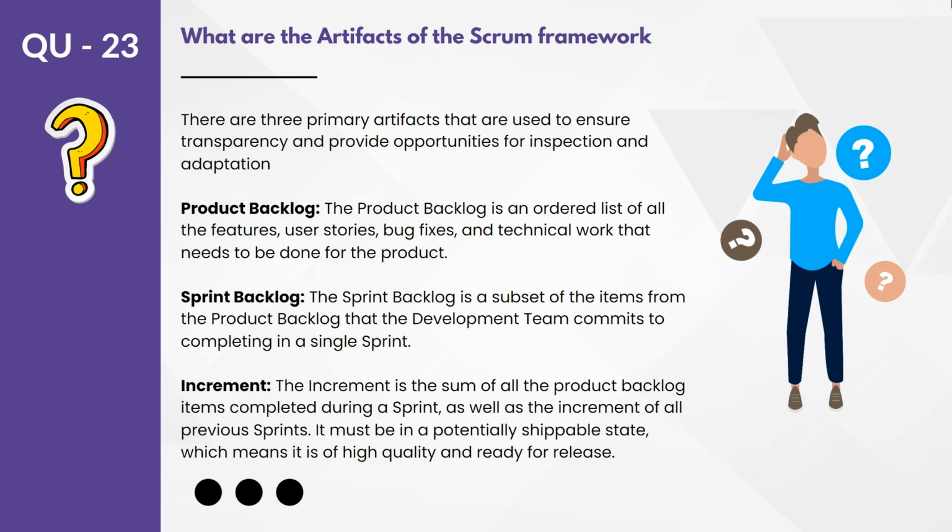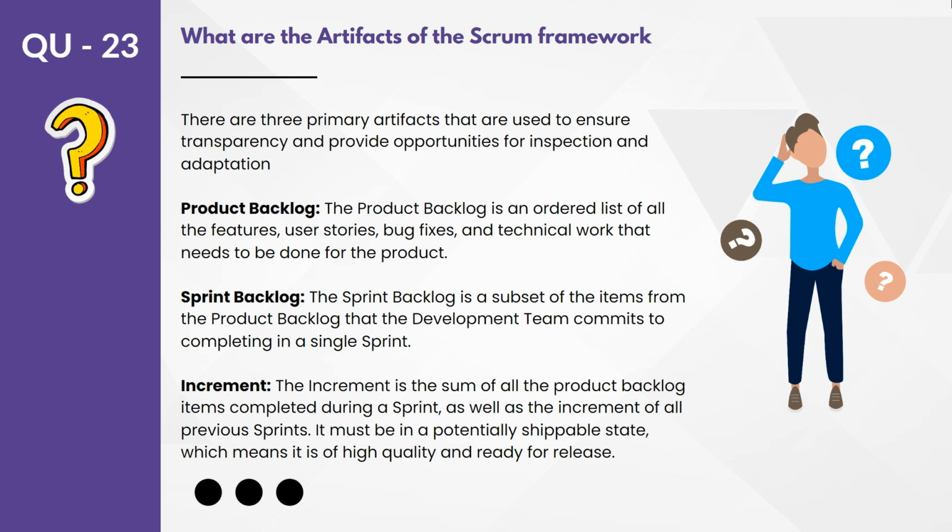Then increment. The increment is the sum of all the product backlog items completed during a sprint, as well as the increments of all previous sprints. It must be in a potentially shippable state, which means it is of high quality and ready for release. What is an increment? The first sprint gets over, and you have got some stories from the product backlog that are already released and customers are using, so that becomes your increment.